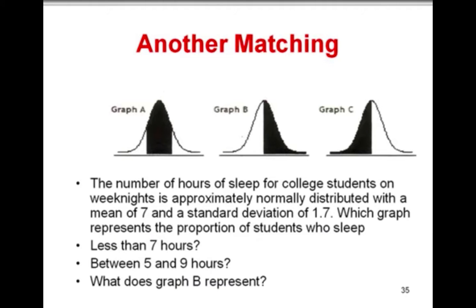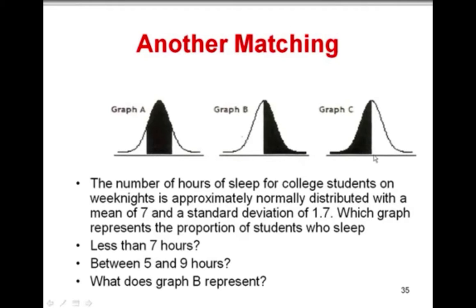Another one. This time, it's the number of hours of sleep that college students get. It's normally distributed with a mean of 7 hours and a standard deviation of 1.7 hours. Which graph represents the proportion that get less than 7 hours of sleep?